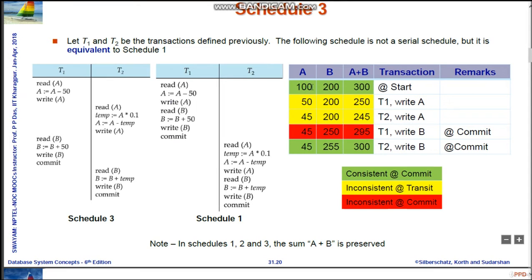When we do the update at write a, 50 is deducted from a, so 50, and 200 is not affected because b is not affected at write a, so the sum is 250. Now it is inconsistent but it is in the transition state.